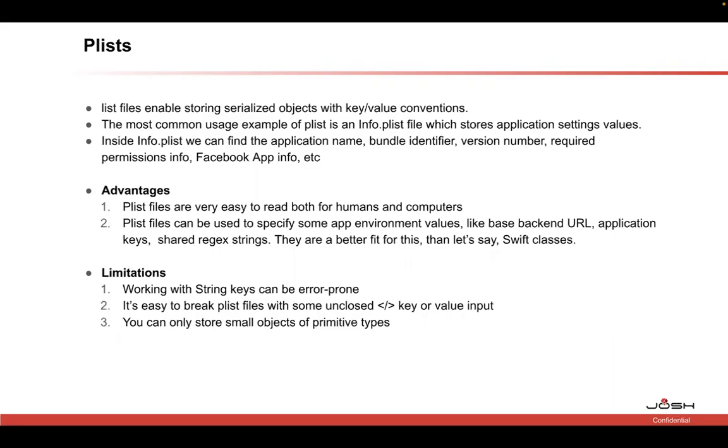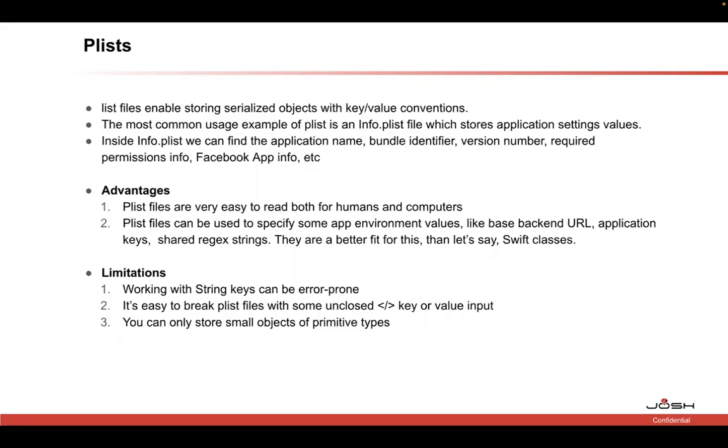The limitation is that working with string keys can be error prone. Since it's a key value pair, that can create some issues. It's also easy to break a plist file with some unclosed key or value input.